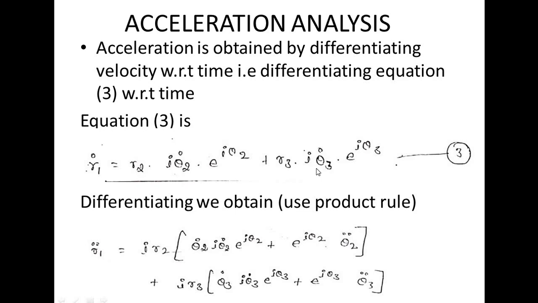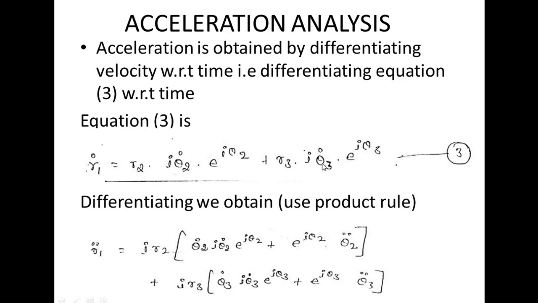Similarly here, i and R3 are separated outside because they are constant, and we differentiate theta 3 dot into e to the power of i theta 3. Again, if we apply the product rule, differentiation of uv is u dv plus v du.